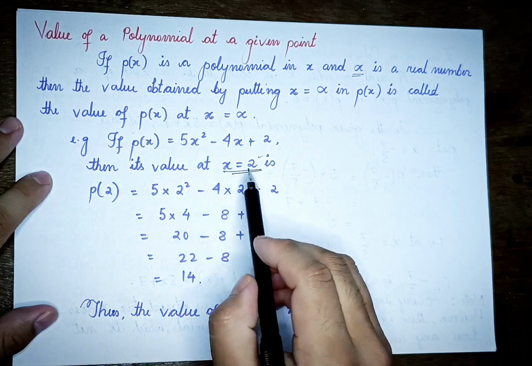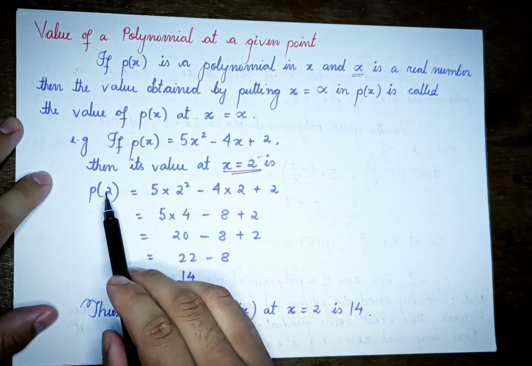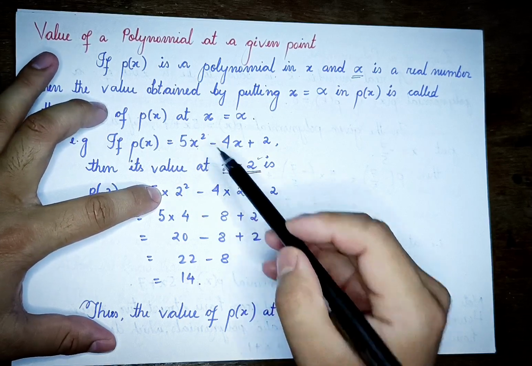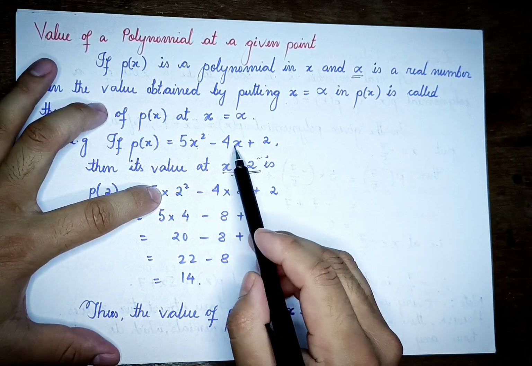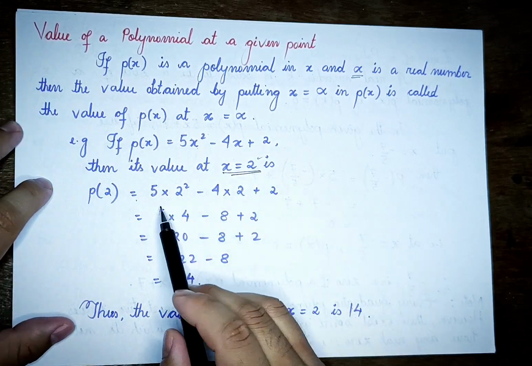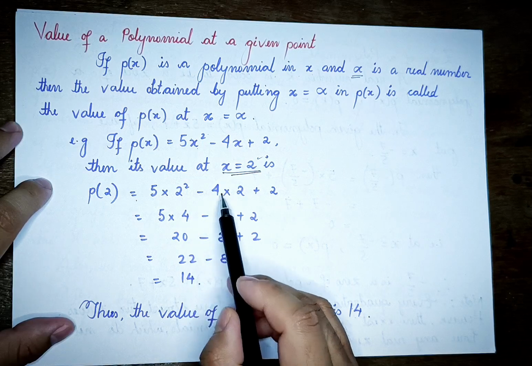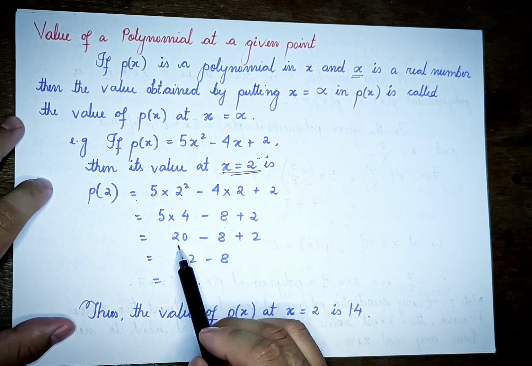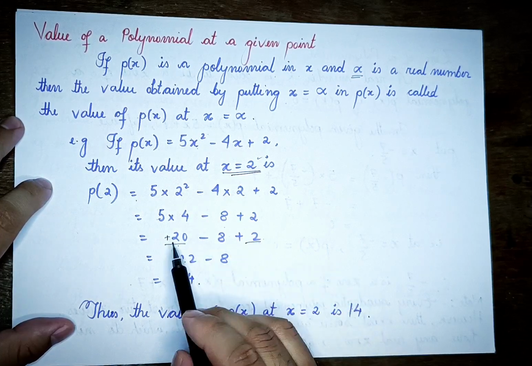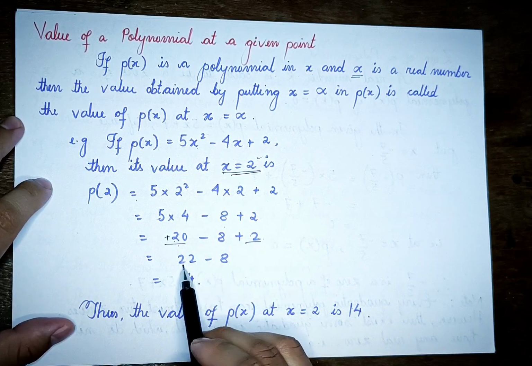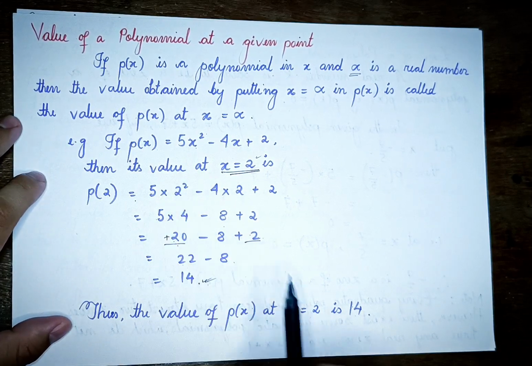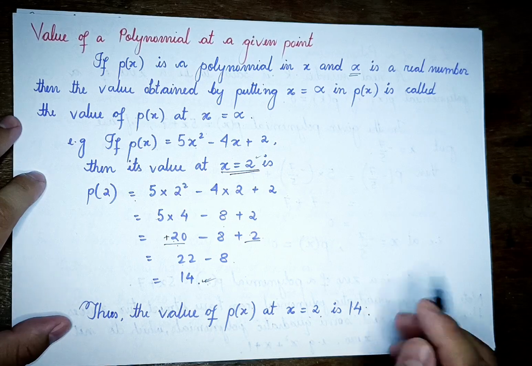If I replace x with 2, we get p of 2 is equal to 5 into 2 squared minus 4 into 2 plus 2. 5 into 4 is 20, minus 8 plus 2. 20 plus 2 is 22, minus 8 is 14. So the value of p of x at x equal to 2 is 14.